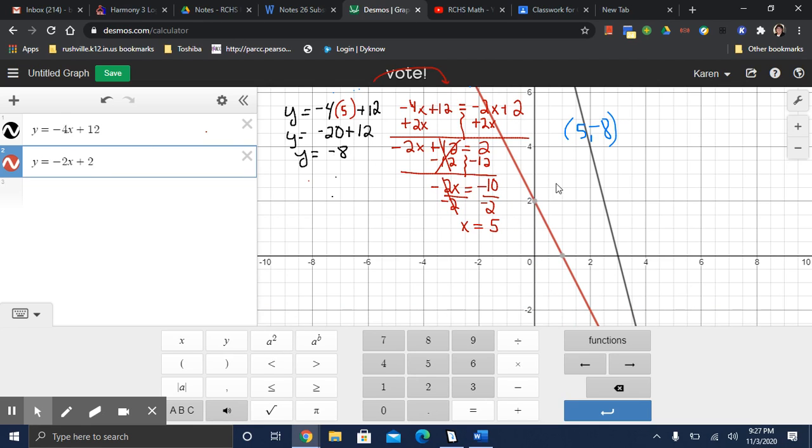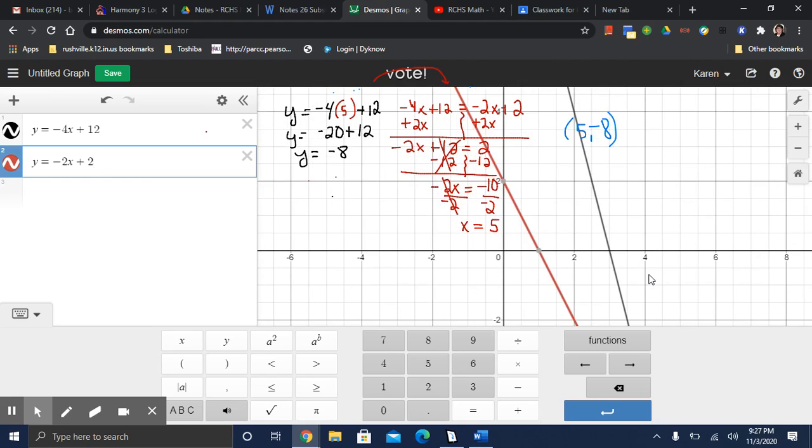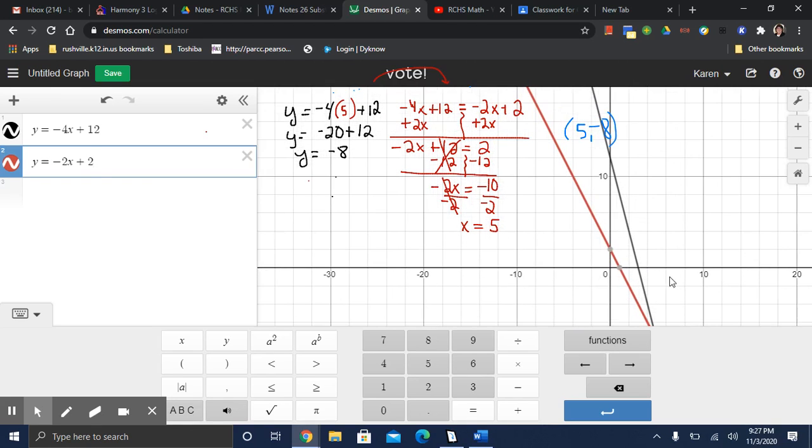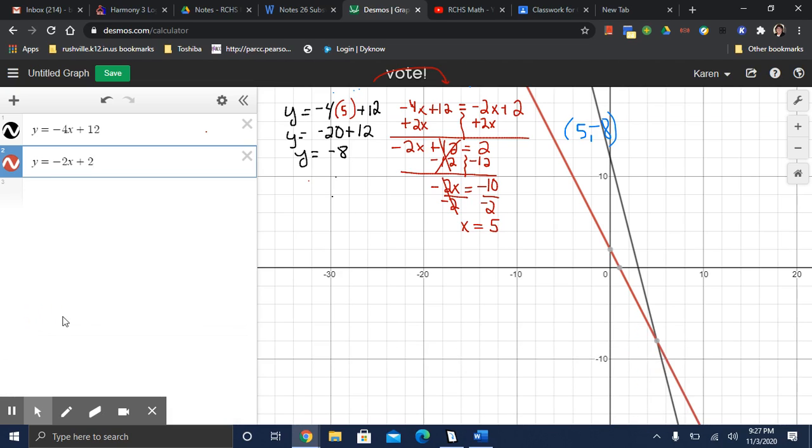And then I could look to see if my two equations intersect at 5, -8. And so I'm going to have to take the keyboard down here, and they do. So that would be another way that you could double check to see if you have the correct solution.